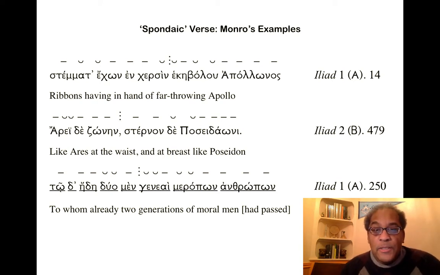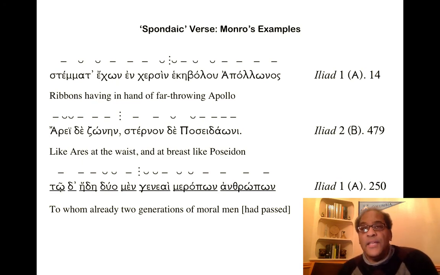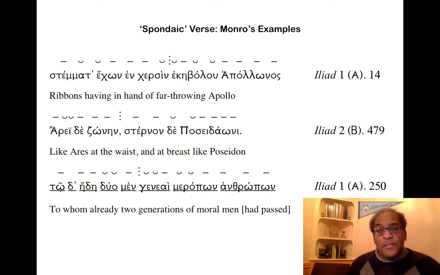Again, we see 2 spondees ending the verse, meropon anthropon. You could say that there is the same type of solemnity attached to this notion of the passing of the generations of mortal beings, somewhat similar to that of the name of gods. So these are examples that Monro gives of the spondaic verse, as opposed to the bucolic diaeresis, da, da, da, da, da, where you have da, da, da, da.